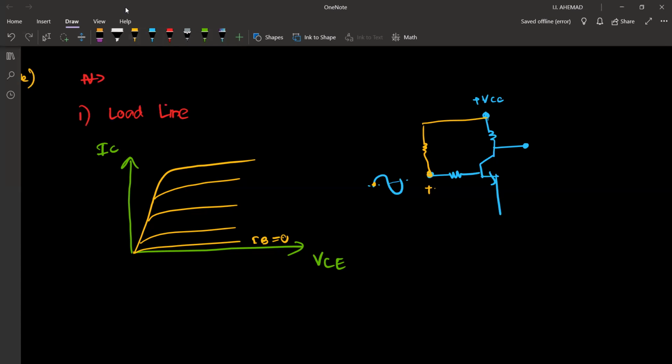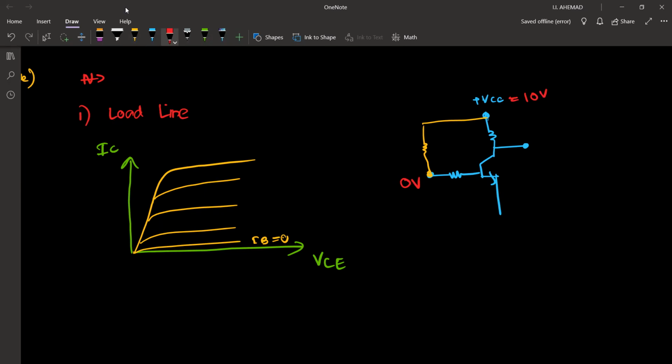No, let's start with input 0. Now I have a curve like this, and in this curve, I'll say the input is 0. Okay, I supply 0 voltage, and VCC is 10 volt.